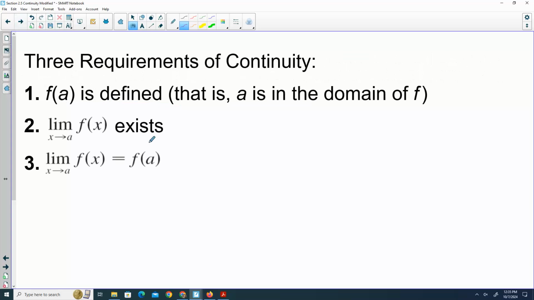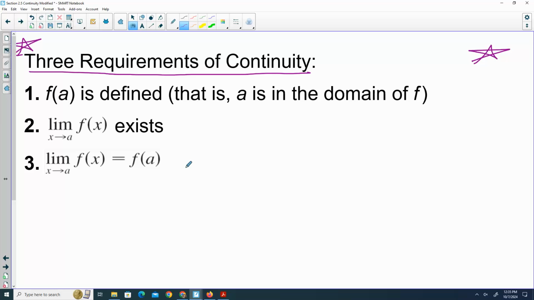There are really 3 requirements for continuity. This is the important slide. This is what you need to know when it comes time for our test. In order for a function to be continuous, these things must happen. The function has to be defined. Okay, so it has to be a part of the domain.